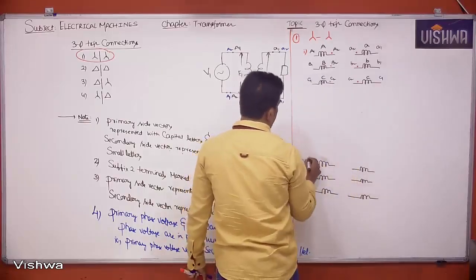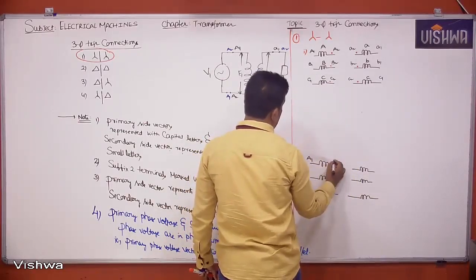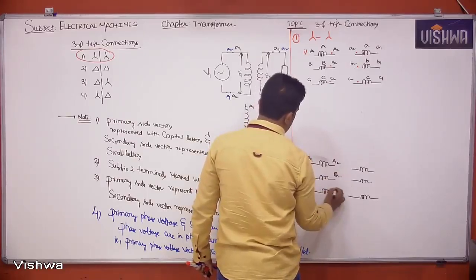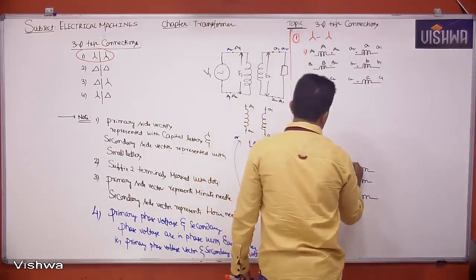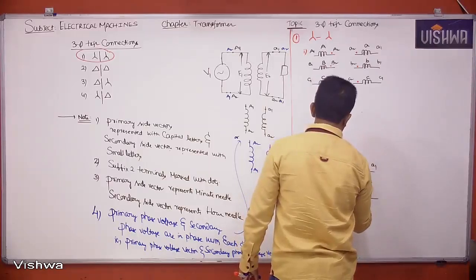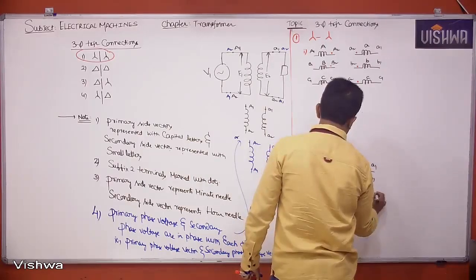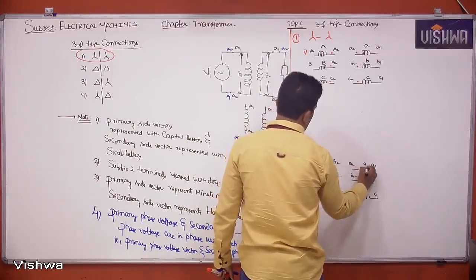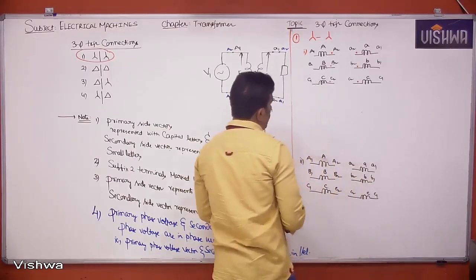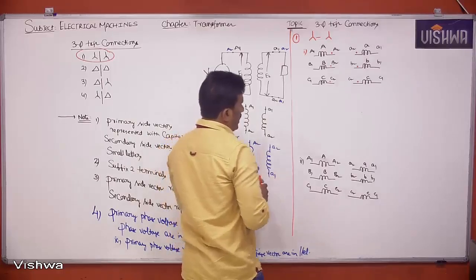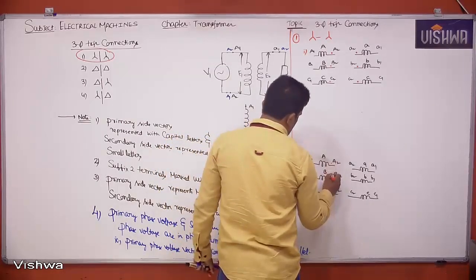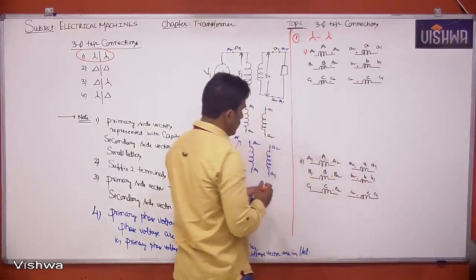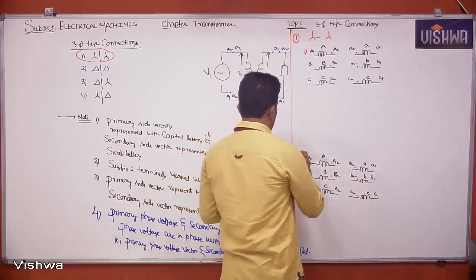As I told you, the primary represents capital letters A1, A2, B1, B2, C1, C2, and small a2, a1, b2, b1, c2, c1. Capital A, B, C, small a, b, c. Now the suffix 2 terminals I am indicating with dots.